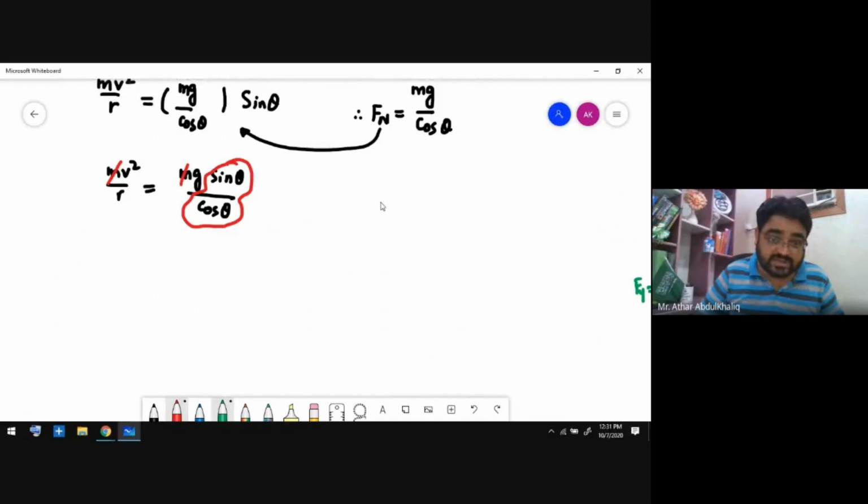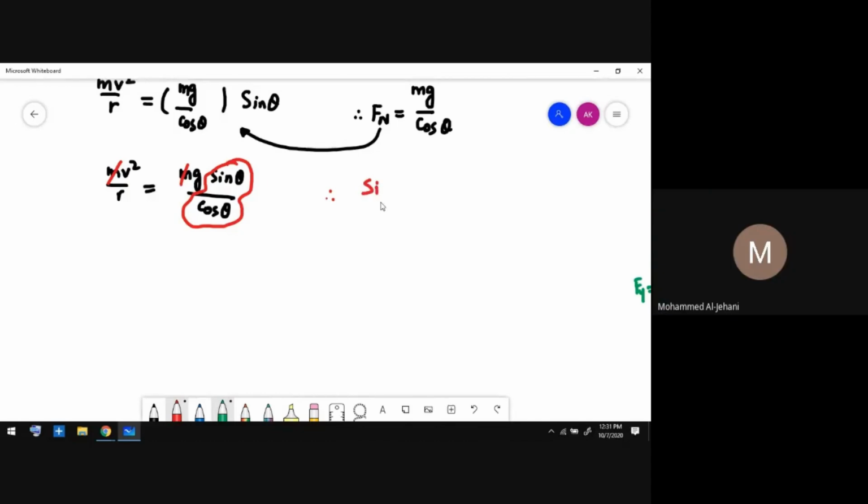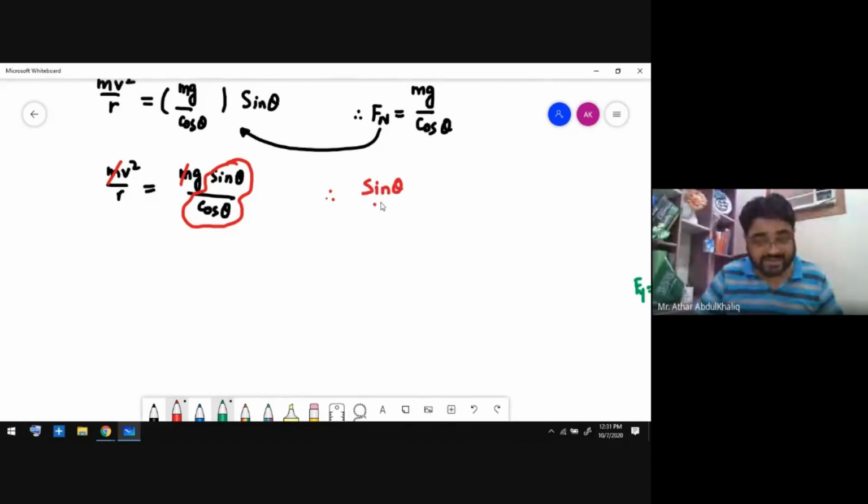Any one of you remember what is sine theta over cosine theta? We studied it in the same chapter, number 3, last year. Yes, sine theta over cosine theta is tan theta. How does it come? If you remember, sine theta is opposite over hypotenuse. Cosine theta is adjacent over hypotenuse.